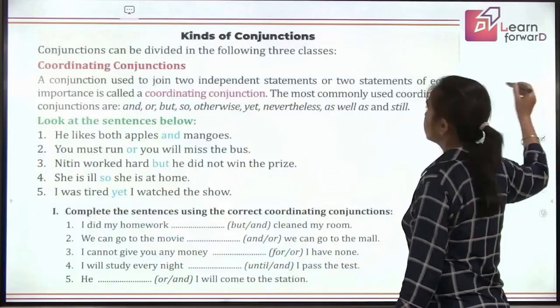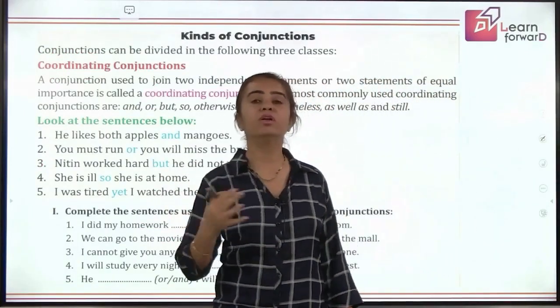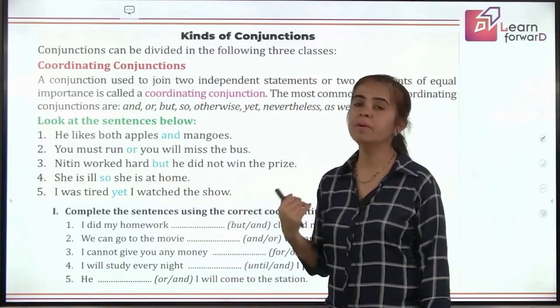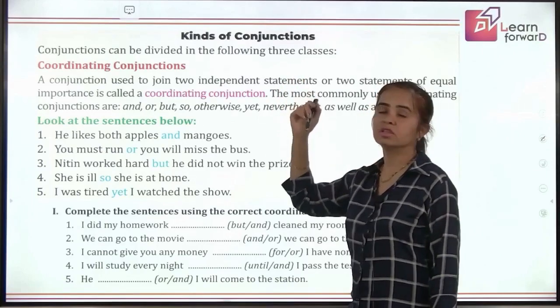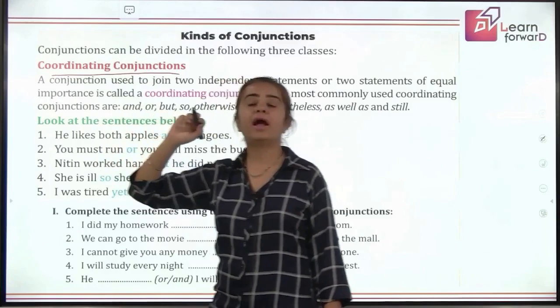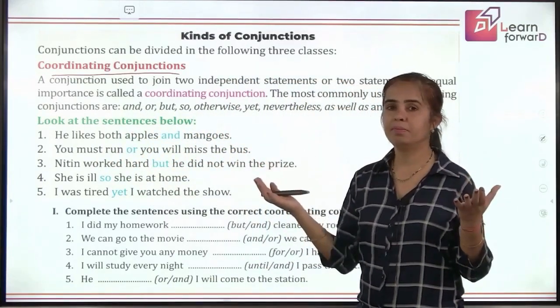So moving ahead, we have the different kinds of conjunctions. We have just learnt what different functions conjunctions can perform, and now the different kinds of conjunctions. The first category is the coordinating conjunction, and coordination comes when the two are at the same pace, right?